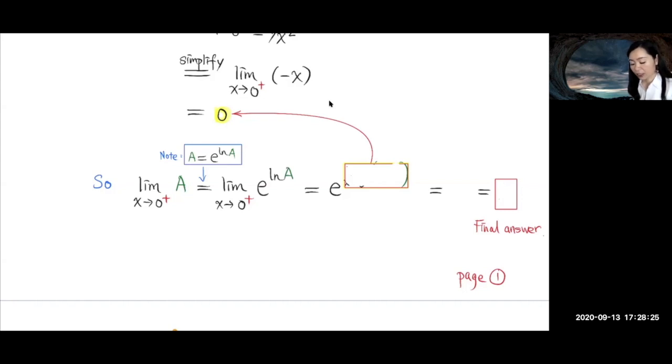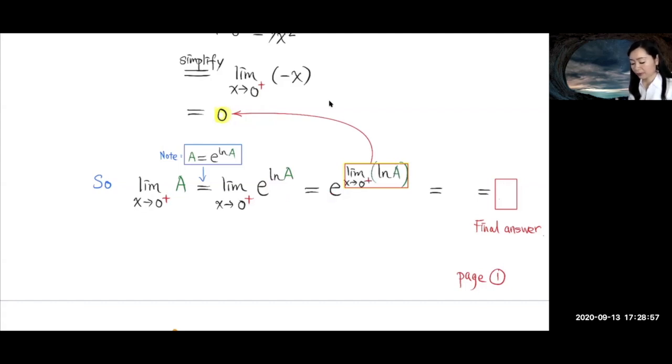Think about Ln of a here as u. e to the u is a continuous function in u. When it's a continuous function, you can bring the limit in. The limit of a continuous function is the function of that limit. So this becomes e to the limit of Ln of a.